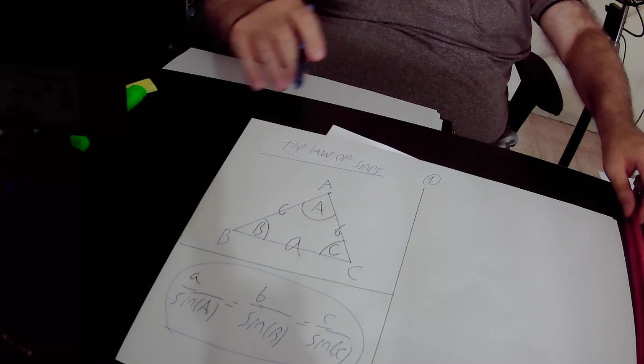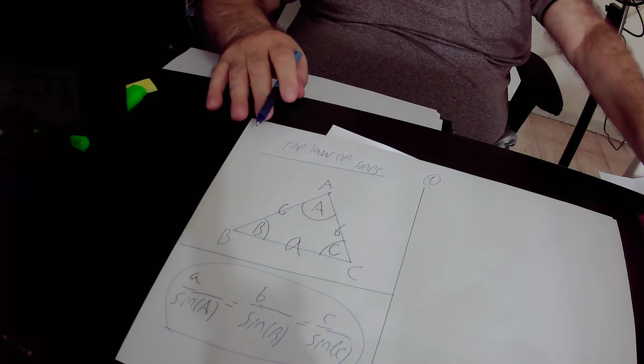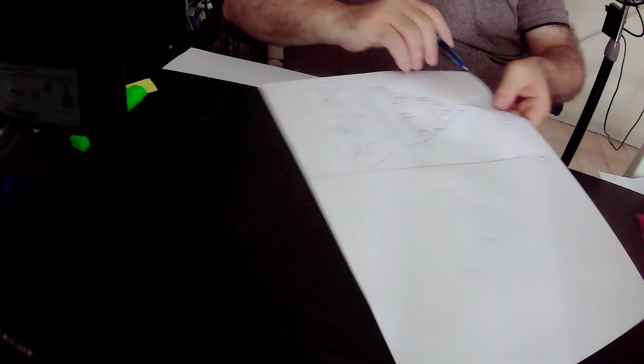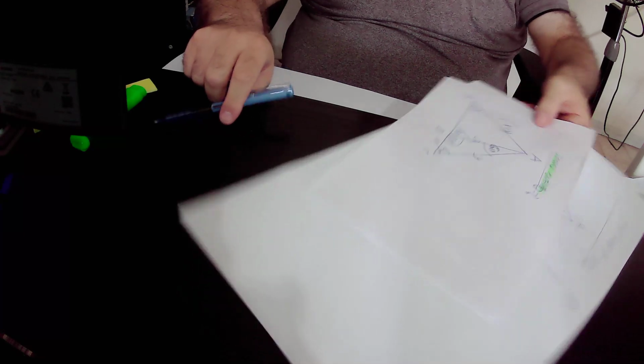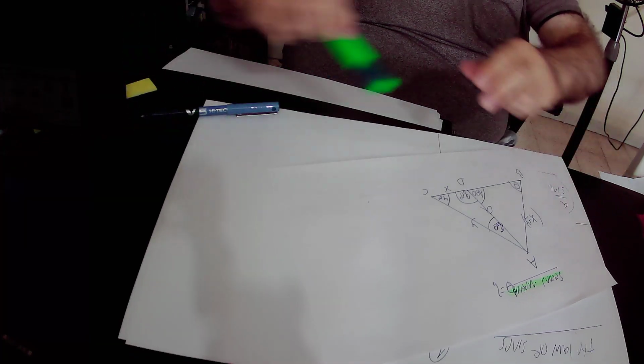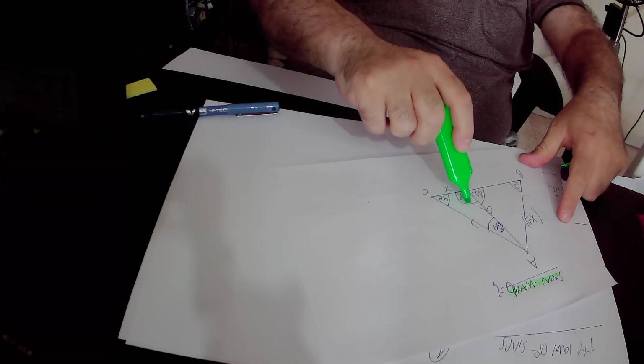Now we will implement this law, the law of sines, in triangle ADC, the green triangle ADC.